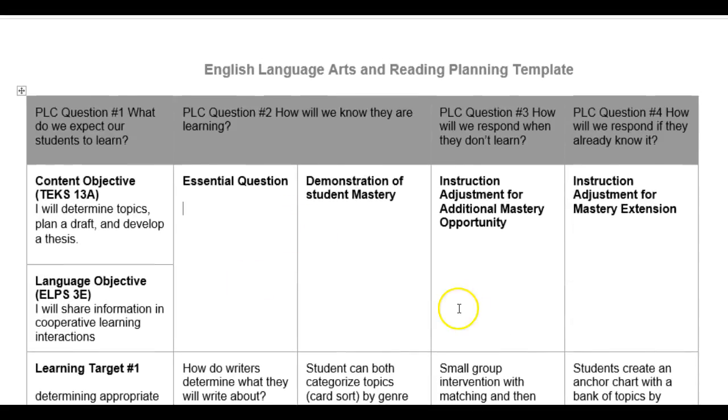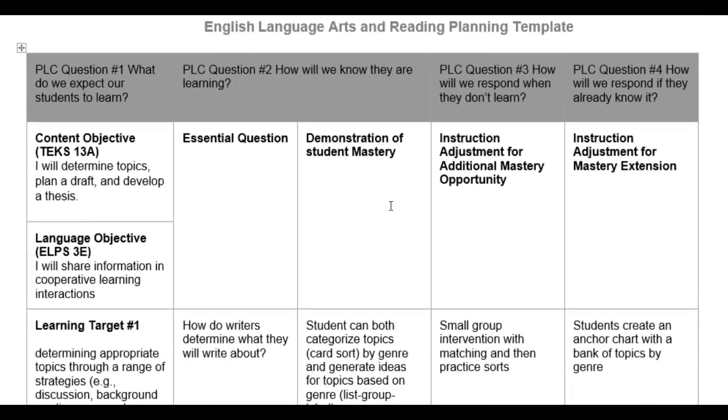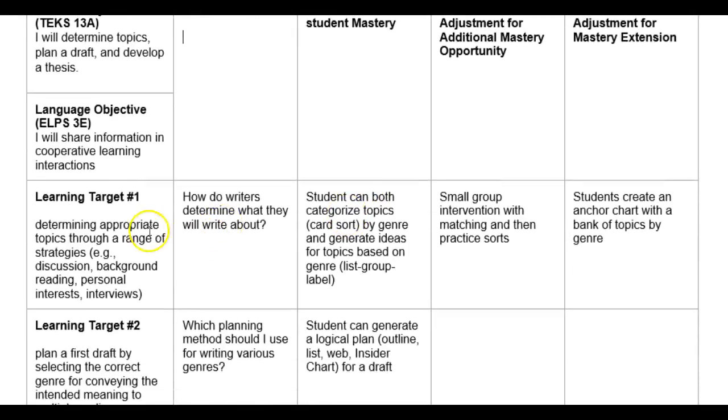Now we're ready to look at the student demonstration of mastery. Previously, we would have listed that information, what the students actually create, in our content objective. Now we place it in the column next to the related learning target.